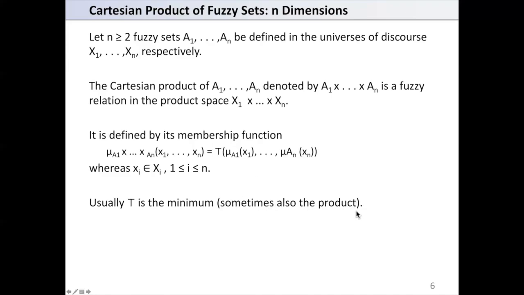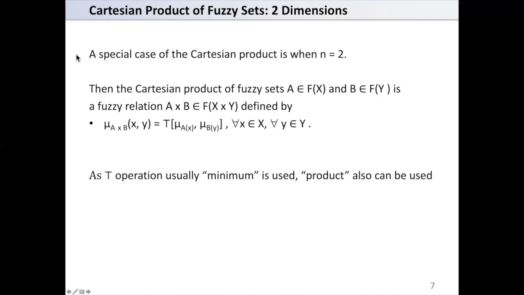Sometimes also the product, multiplication, is used. A special case of the Cartesian product is when n is equal to 2.